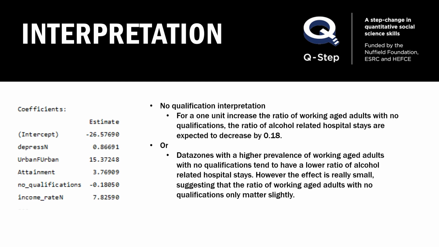Or we could say data zones with a higher prevalence of working age adults with no qualifications tend to have a lower ratio of alcohol-related hospital stays. However, the effect is really small, suggesting that the ratio of working age adults with no qualifications only matters slightly in our model.